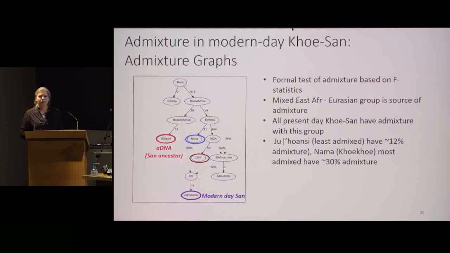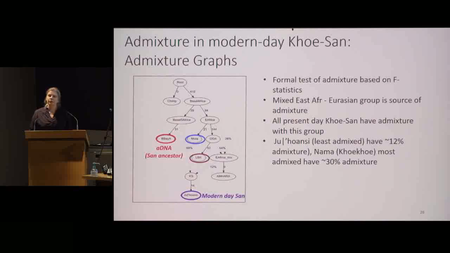So you usually start with a simple representation of how different groups mix, and then you make it more complex, and you build many of these graphs to see which one fits your data the best. And the one that fit our data was that the modern-day Khoisan group that was the least admixed of modern-day groups, which previously many people thought didn't have any admixture.